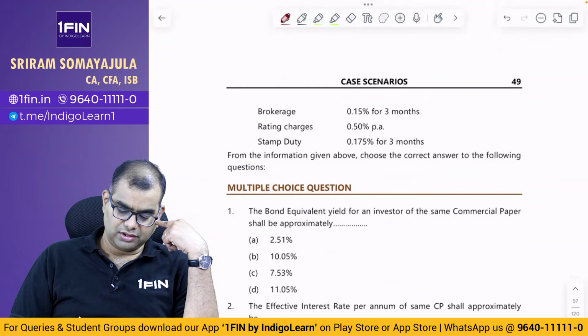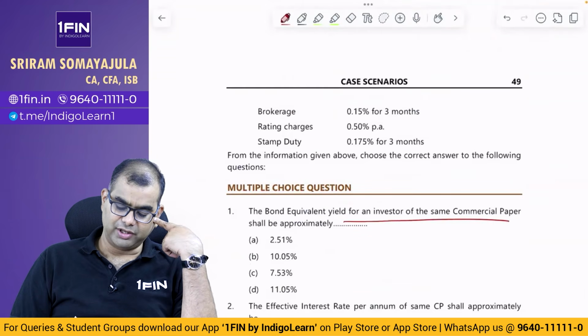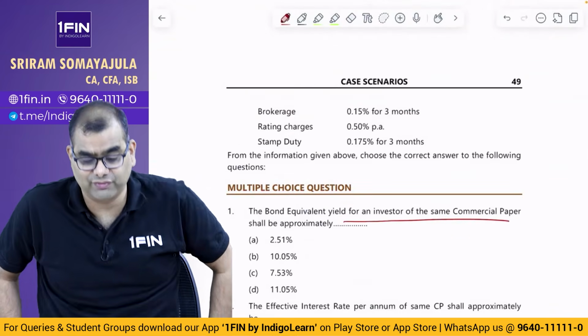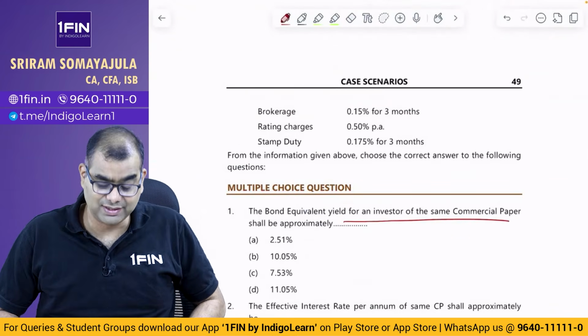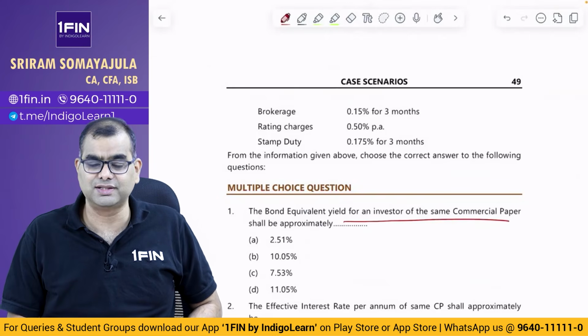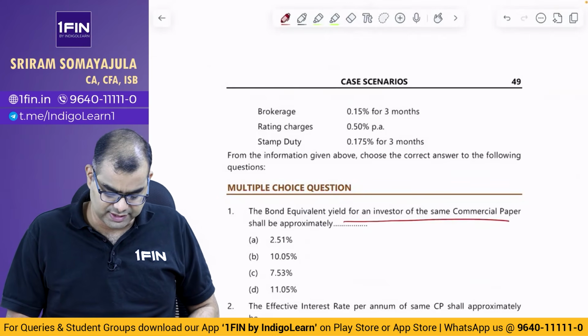What is the first question? The bond equivalent yield. What do you mean by bond equivalent yield? This is one very, very important concept which we have not read in our study material. But this particular concept, the ICAI has asked in one of the RTPs, and they have now asked it in these case scenarios also.